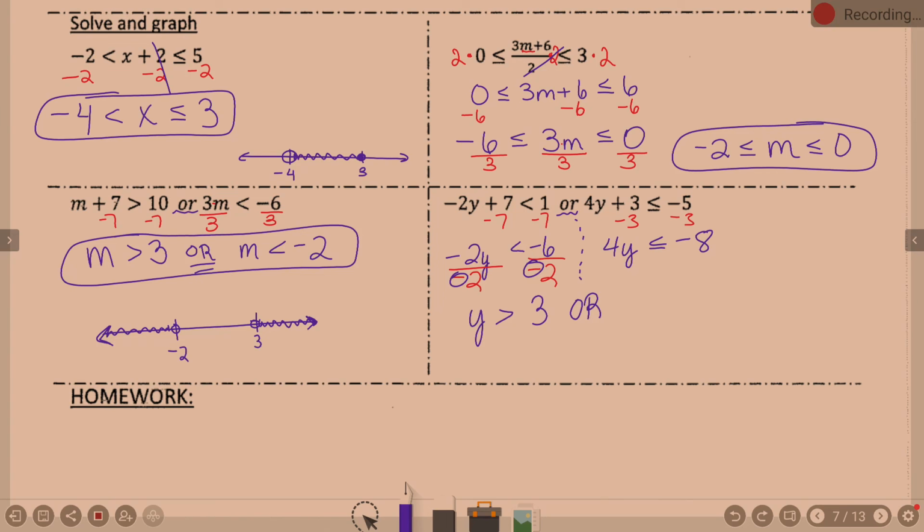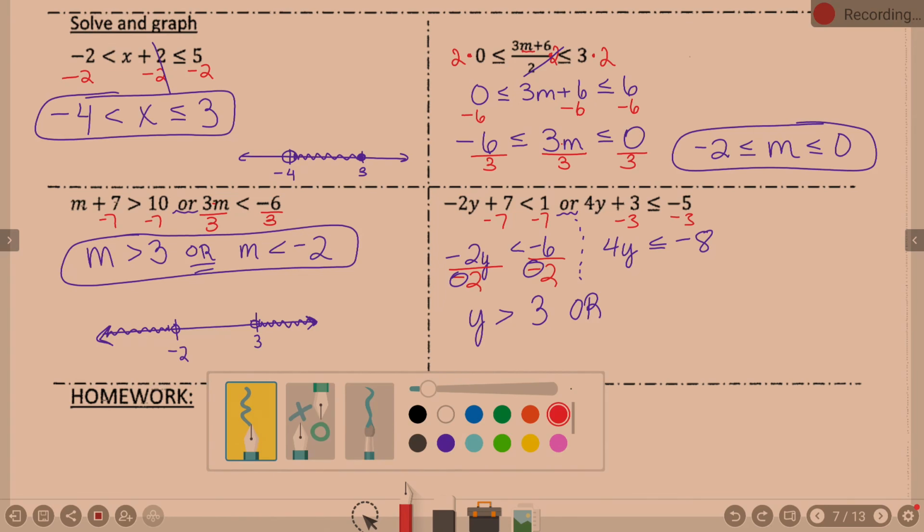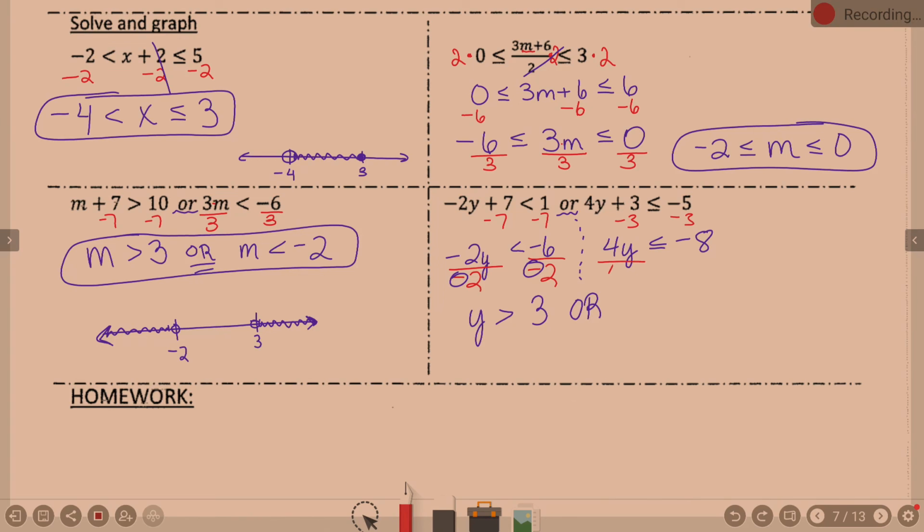If it's 4 times y, it's 4y, so divide by 4. The 4's cancel, you've got y. Negative 8 divided by 4: 8 divided by 4 is 2.